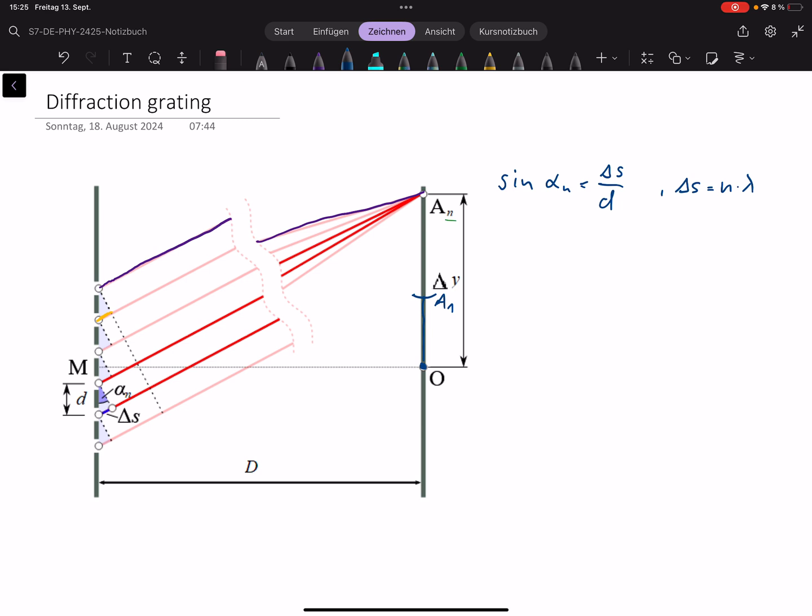When we go further, let's say this is n equal 2, then this delta S would be twice the wavelength, and again we've got constructive interference, as we know.